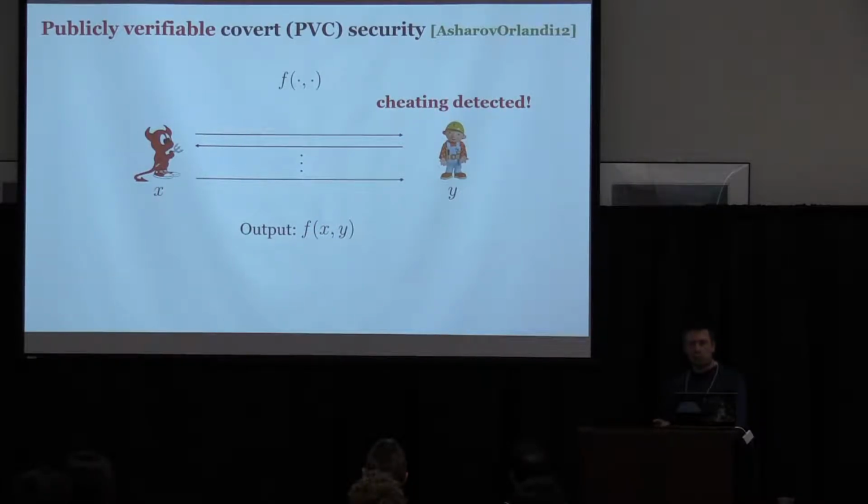So what is the model? The model is that Bob, if he detects cheating, is able to produce some kind of certificate. That certificate can then be shown to a judge. The judge here is non-privileged, meaning that he doesn't know any special secret. He can be any member of the public, and he can determine whether or not the cheating in fact occurred.